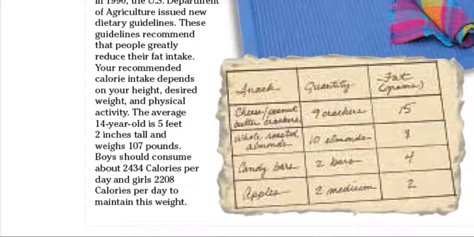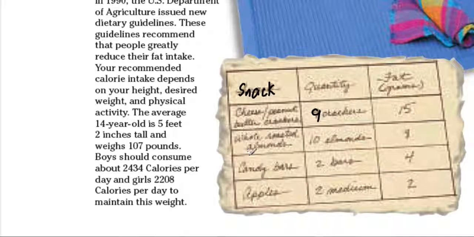Okay, and so we can see the chart here. It's not very clear, but I'll just read it for you. This is the snack, and this is the quantity. There are cheese and peanut butter crackers, and the quantity is 9 crackers.